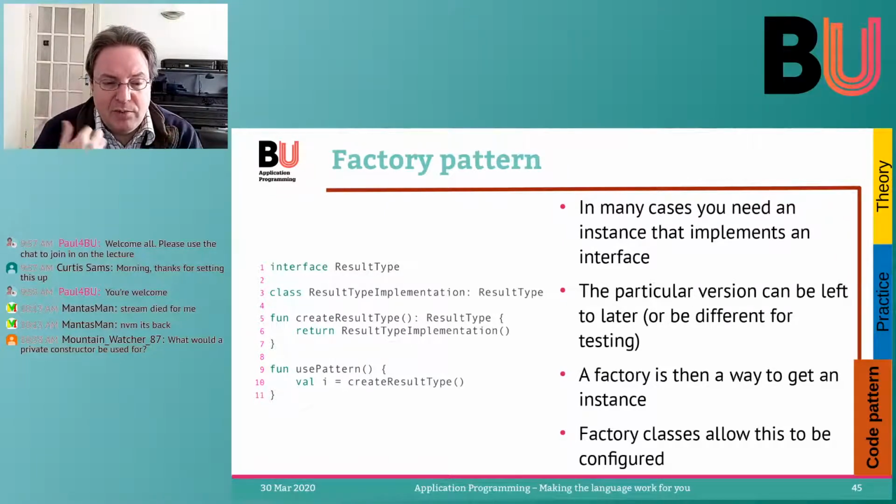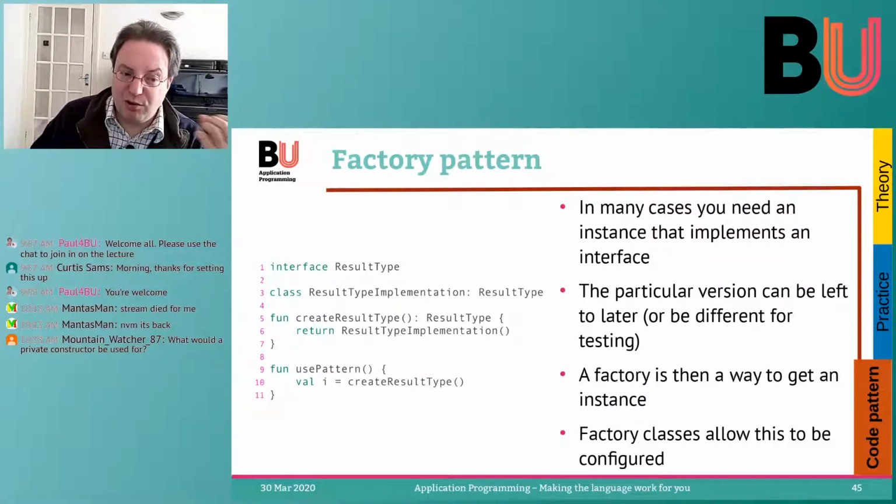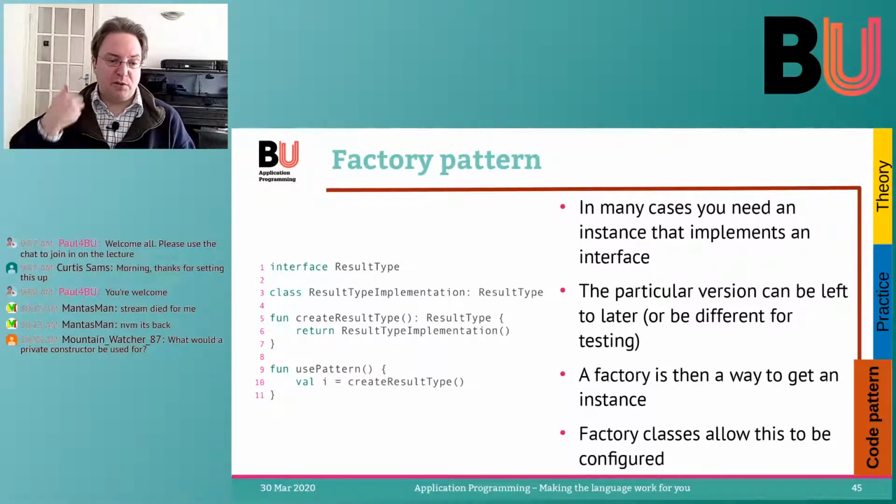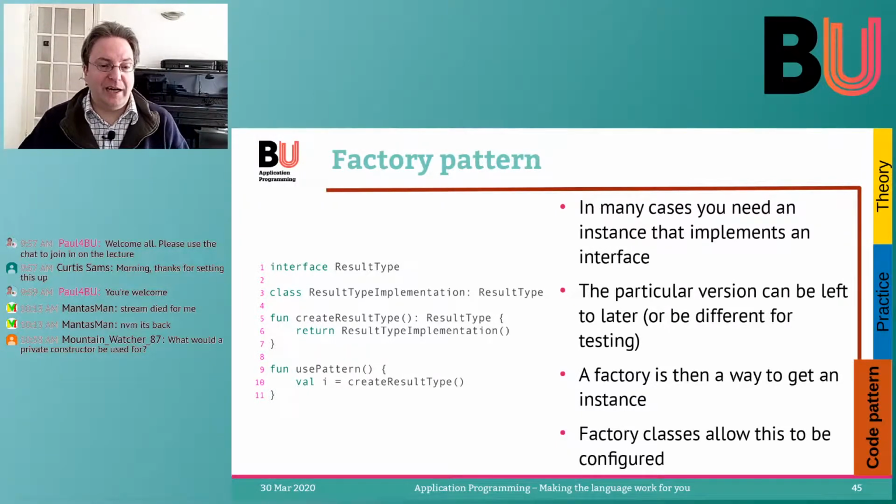And in particular, one of this pattern is that we often make the implementation invisible. So in this case, result type implementation is not invisible, but it could be private. So you can't actually get at the implementation at all. Or the constructor becomes invisible from outside. So you get a result type, but you don't get which implementation.